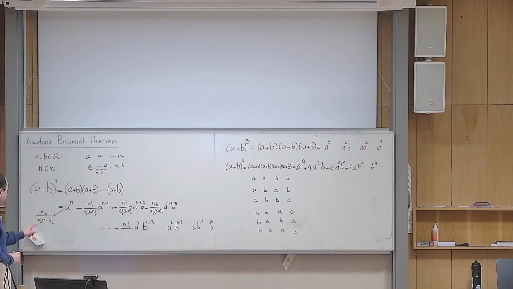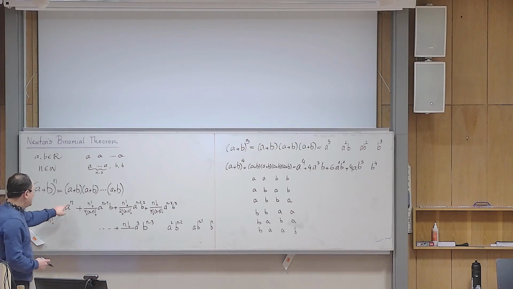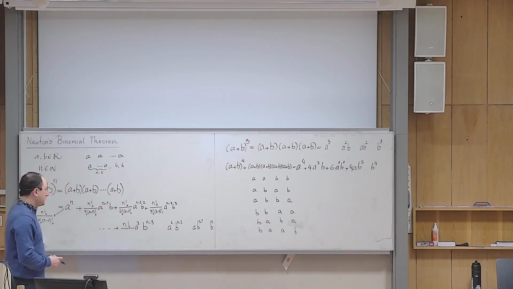Yes? Because 0 factorial is just 1, n minus 0 is n, factorial divided by n factorial, so this is 1. That's a fancy way of writing 1, but the benefit is that you can see that it's also following the same pattern, yes? So n factorial is repeating itself all the time, so it will repeat itself again here.